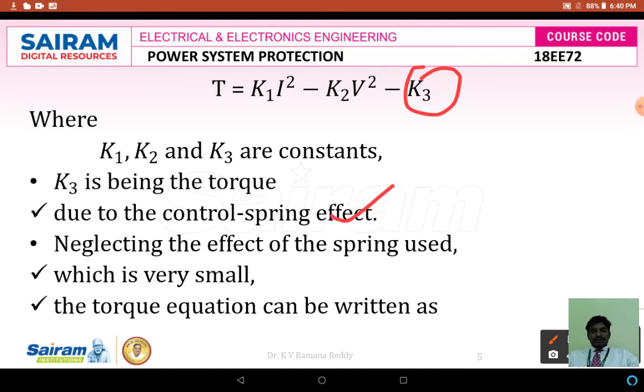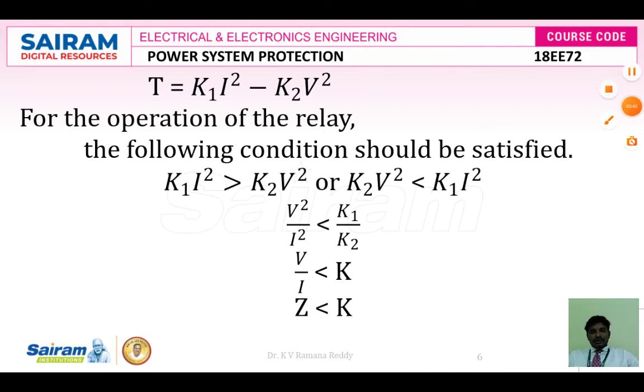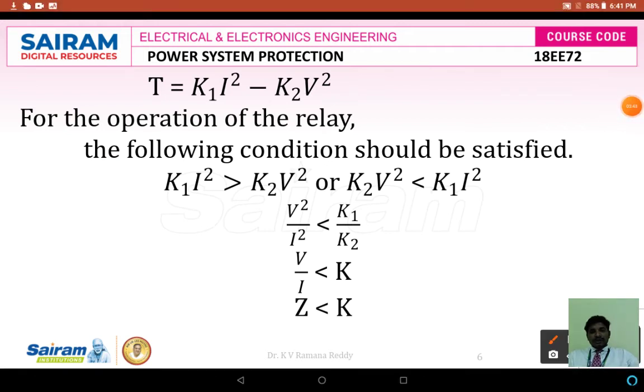If the control spring effect is not taken into account, then we can take the K3 value as 0. If K3 is 0 or very small, then we can rewrite the torque expression as T equals K1 I square minus K2 V square. So how are we going to operate this impedance relay?